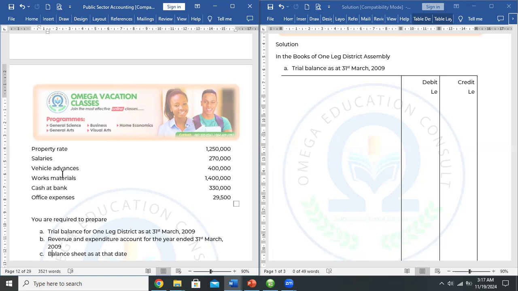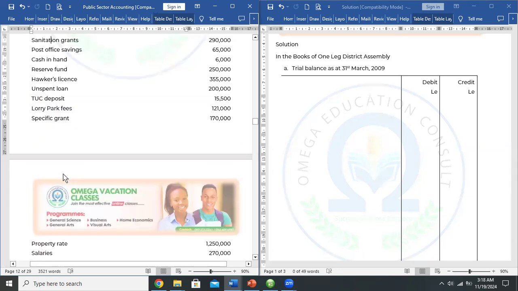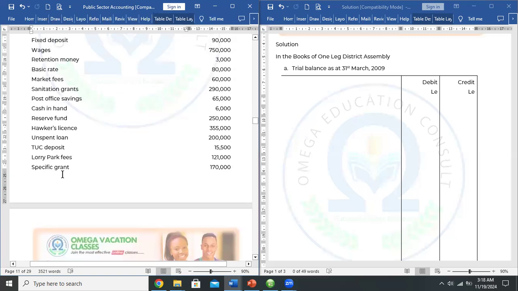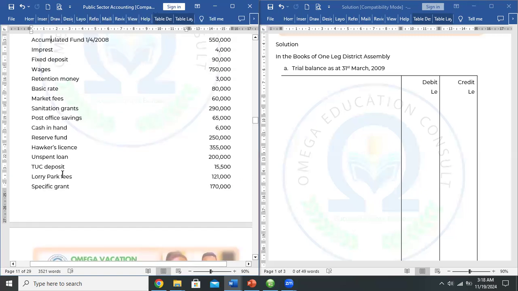Okay, thank you very much, Professor Senam. Okay, so I think that as she read, you appreciated that we have been given a list of balances on various items comprising assets, liabilities, and fund.